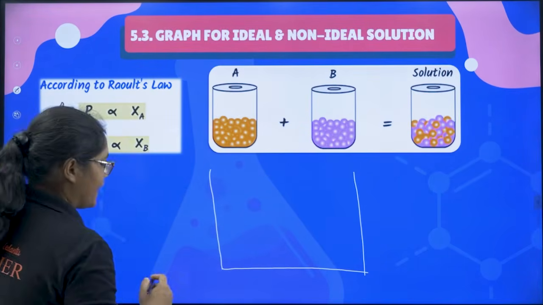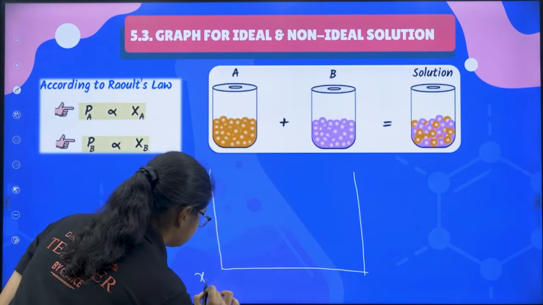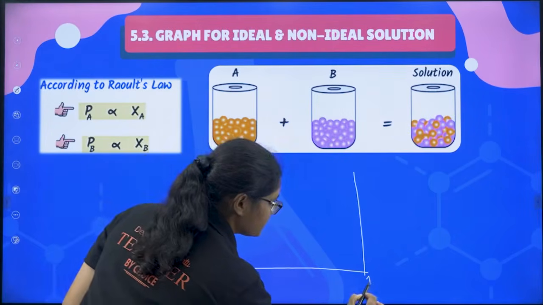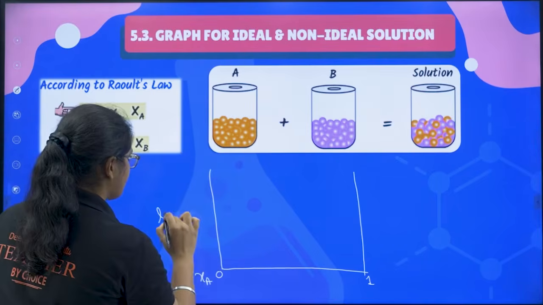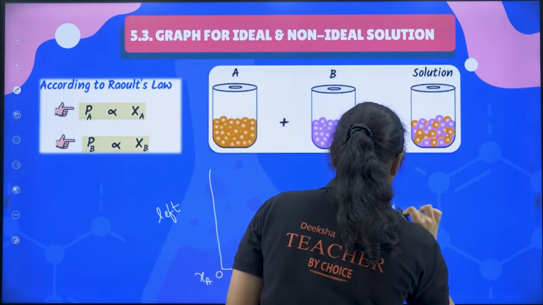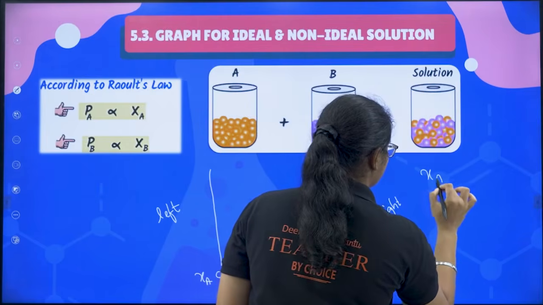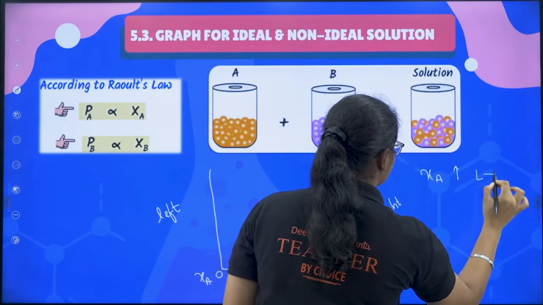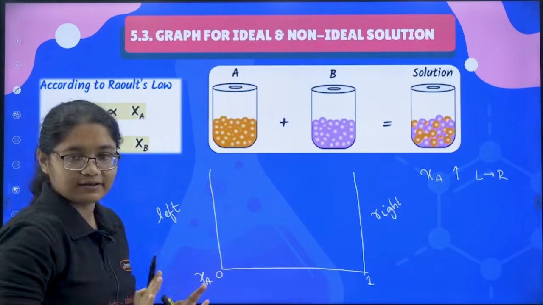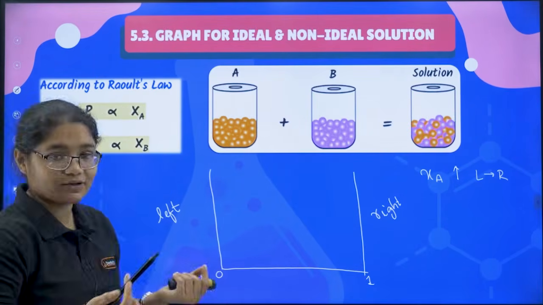XA goes from 0 to 1, increasing from left to right. If XA increases, PA will also increase.